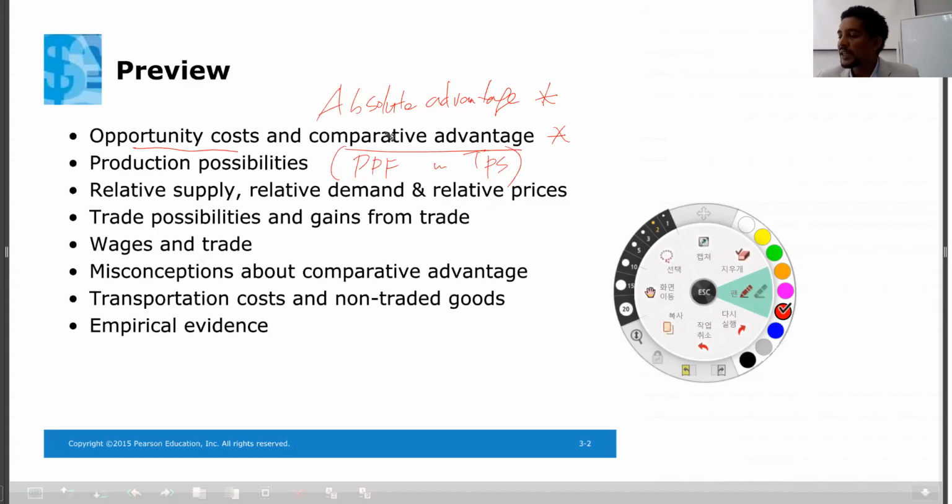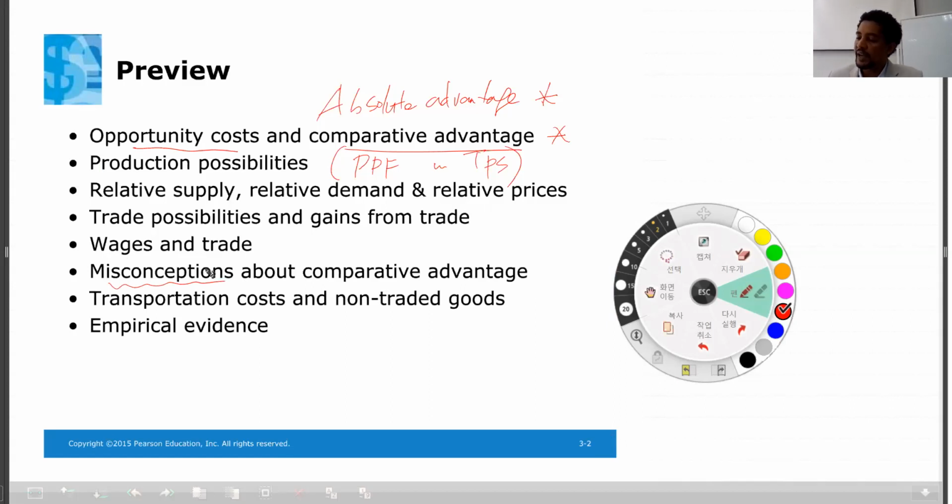What do nations gain from trade? We'll talk about that, and we'll talk about wage and trade. At the last, we'll talk about misconceptions about comparative advantage.